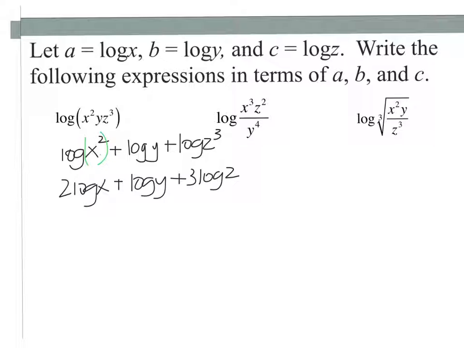Okay, and now I can replace my thing. So instead of 2 log x, I can write 2a. Instead of log y, I can write b. And instead of 3 log z, I can write 3c. Okay, I'm going to do the second one.